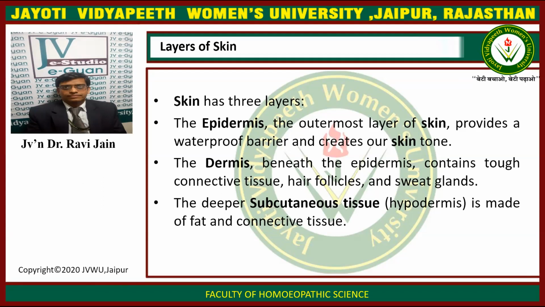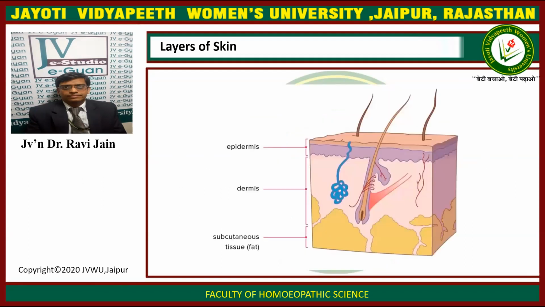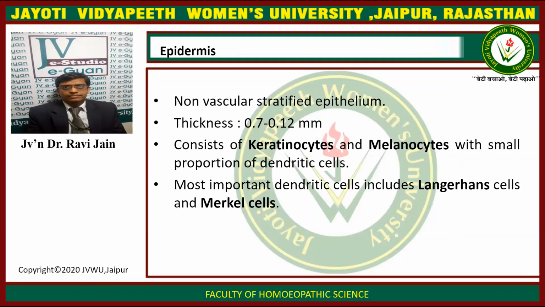So these are the 3 layers of the skin. Let's discuss them one by one. This is the epidermis, the outermost layer. We have the dermis, and then the subcutaneous tissue or fat. Now, the epidermis is the outermost layer, and it is a non-vascular stratified epithelium. The thickness is between 0.7 to 0.12 millimeter, and it consists of keratinocytes and melanocytes with a small proportion of dendritic cells.